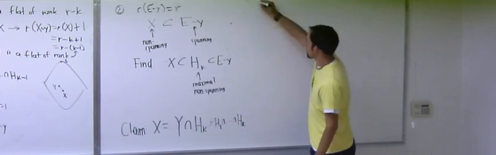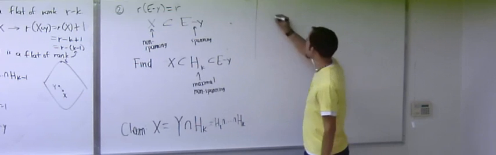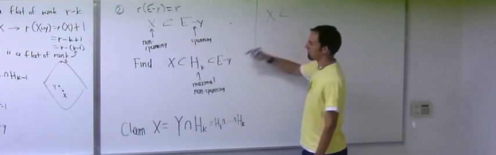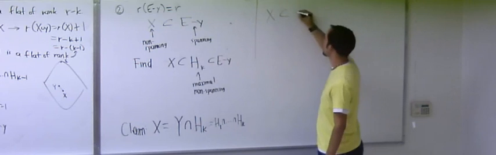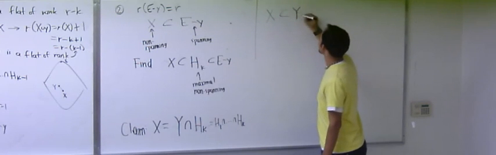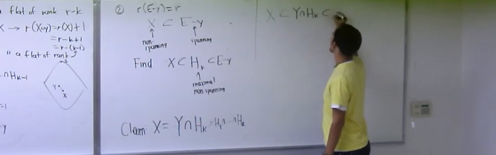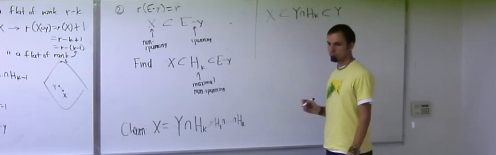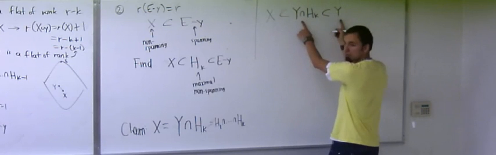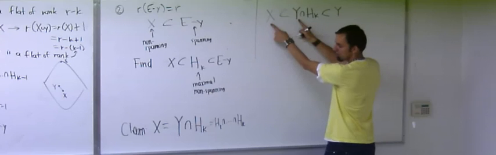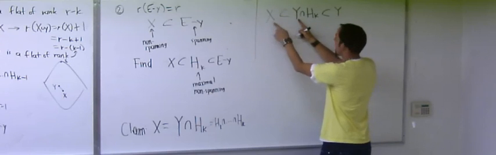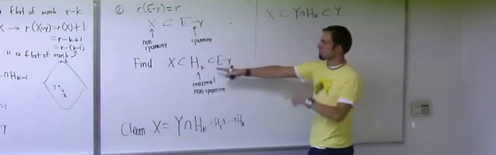And I'm basically out of time, but I want to quickly tell you the reason. The reason is that by the inclusions that you see on this board, you're going to get that x is in this guy and this guy is in y. This is obvious. And x is in y by assumption, and x is in hk by assumption.